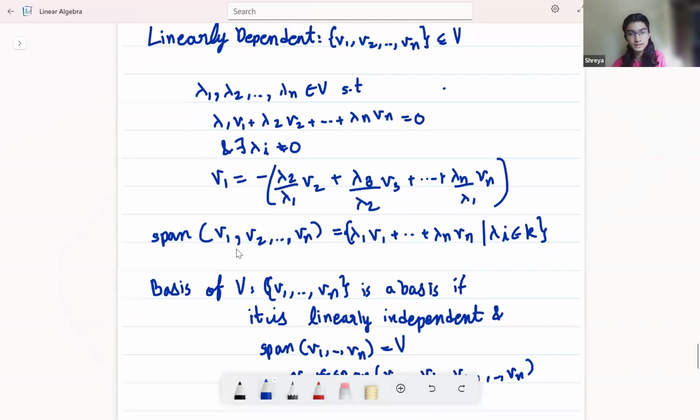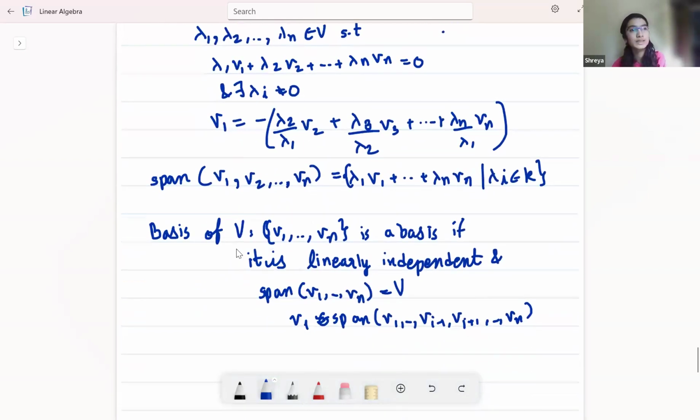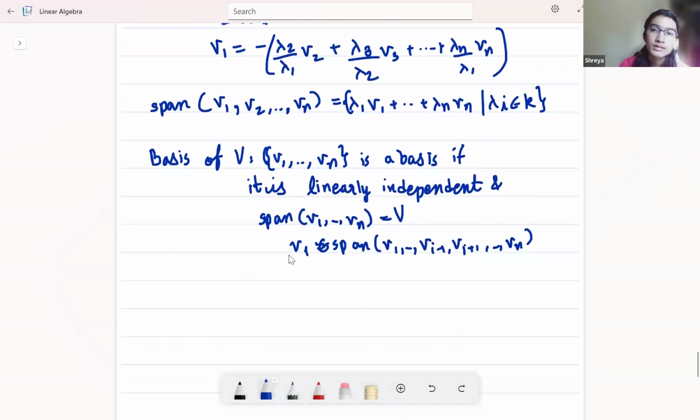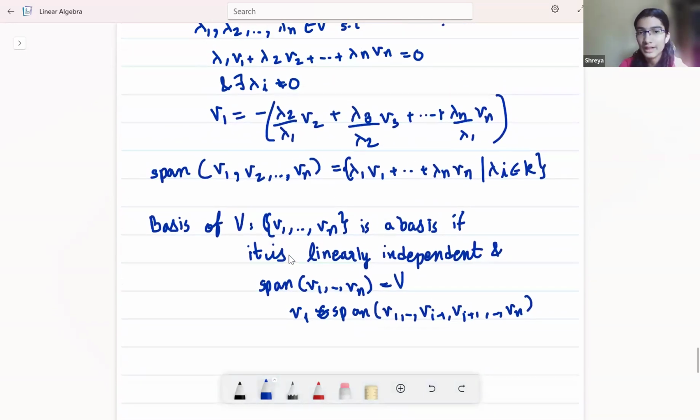For the case of span, if it is infinite, then we'll just take the union of the spans of all of its finite subsets. So even when we are dealing with infinite subsets, we are mostly referring to finite cases only.